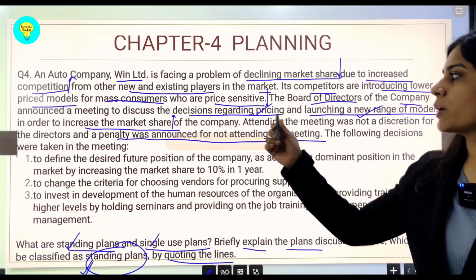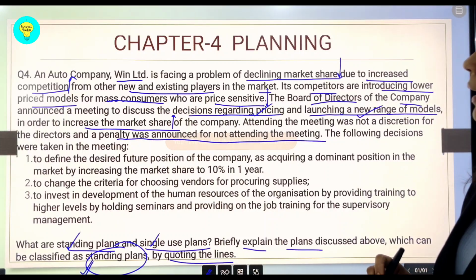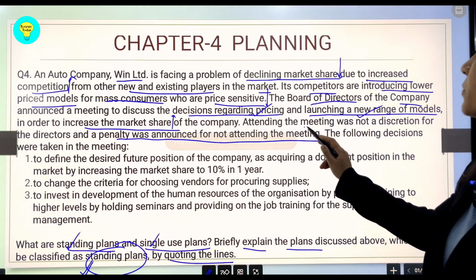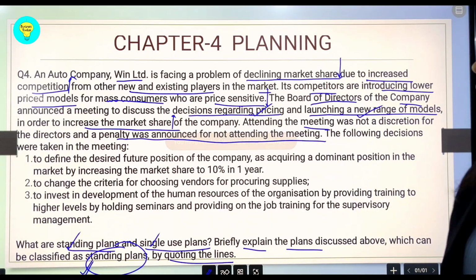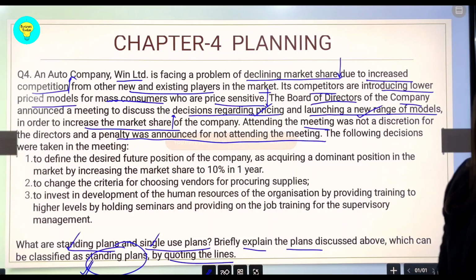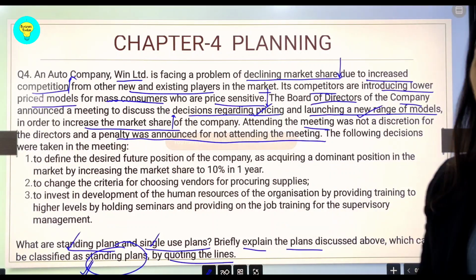So, it is also talking about the policies formulated under the type of plan. And the third thing they are talking about is attendance in the meeting, which is not a discretion, rather it is a compulsion, and a penalty is imposed if they are not attending the meeting. So, it points to none other than the specific plan called rule.